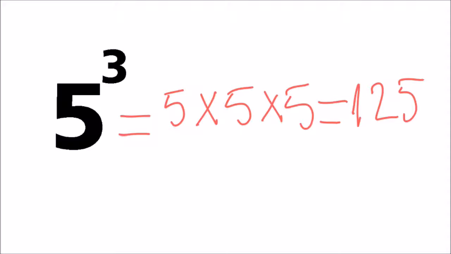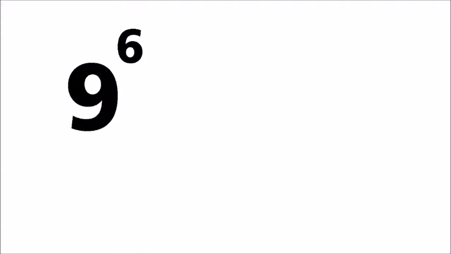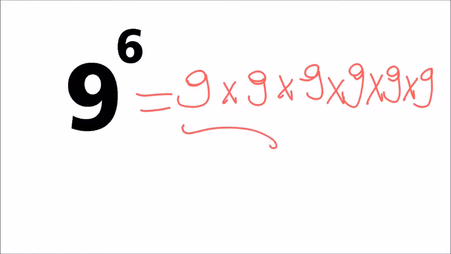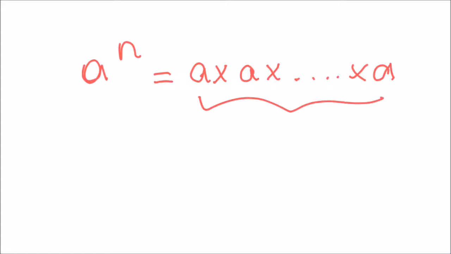Exponents make it easier to write and use many multiplication. 9 to the power 6 is easier to write and read than this. So, in general, a to the power n tells you to multiply a by itself, so there are n of those a's.